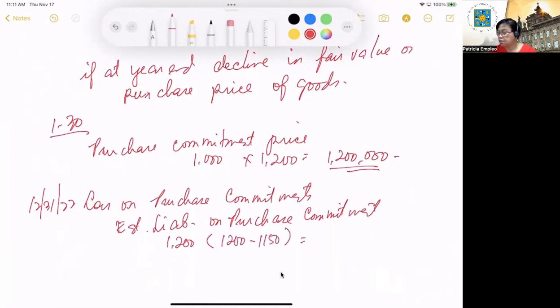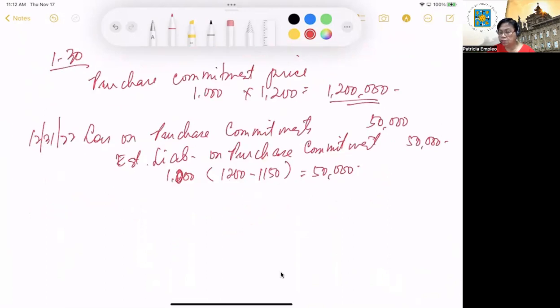So there is a 50 pesos decrease in the fair value. It's 1,000 sacks, so 1,000 times 50, that's 50,000. So your entry on December 31, 2022: debit loss on purchase commitment, 50,000, and credit estimated liability on purchase commitment, 50,000.